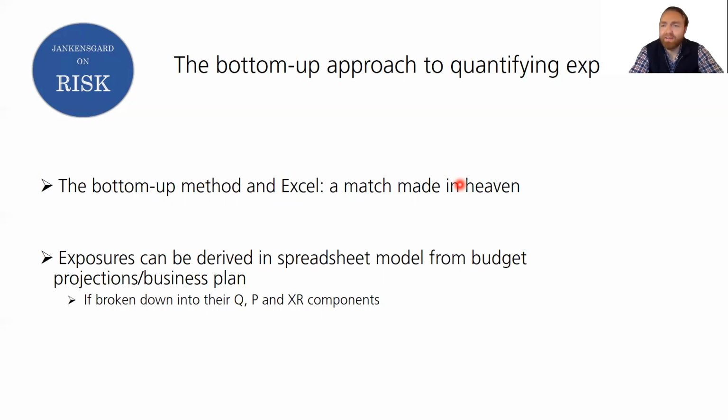Of course, this kind of modeling is a match made in heaven with Excel, because Excel is made for this kind of stuff, and you set your spreadsheet up along these lines. You write out the volumes and the price expectations and exchange rate assumptions, and everything will tend to follow from that.